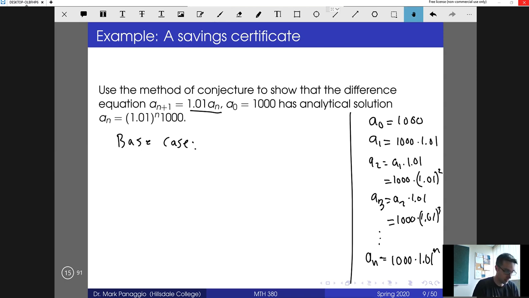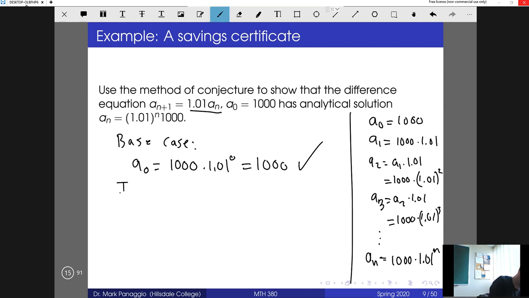Now we want to prove the base case. Does that formula actually work? And so let's check. A0 should be 1,000, and if we plug into our formula, we get 1.01 raised to the 0. Well, raise anything to the 0 and you get 1, and so we do indeed get 1,000. And so we've taken care of our base case. Now we need to check our inductive case.